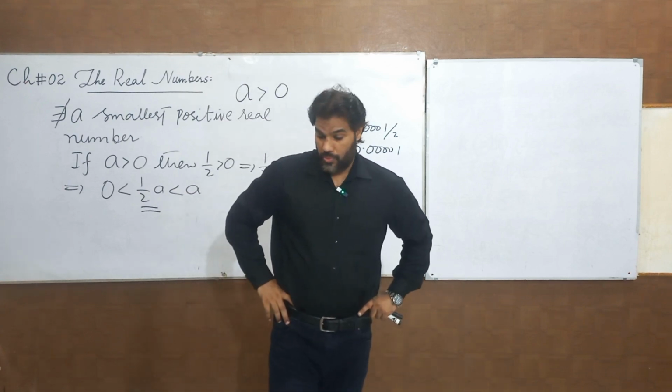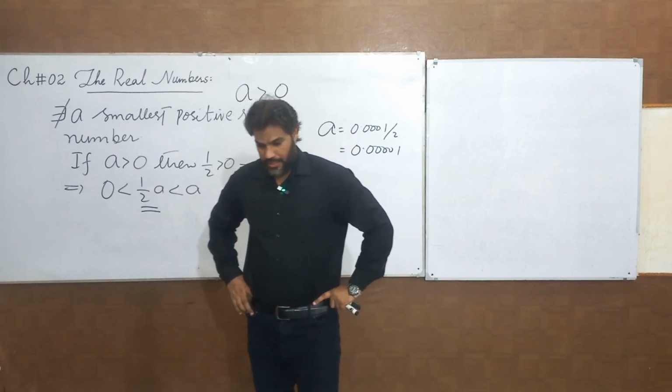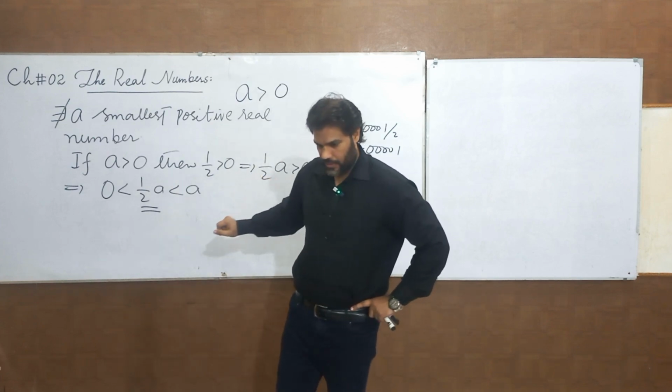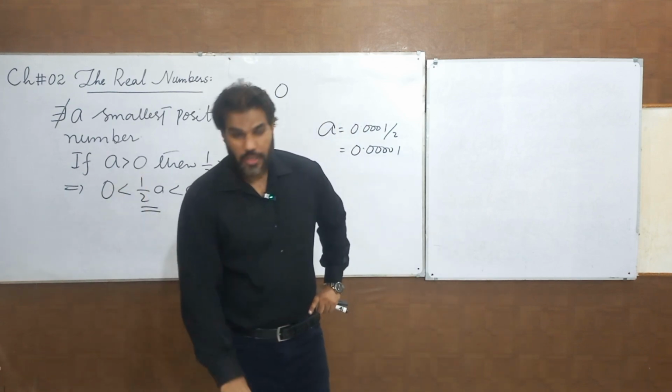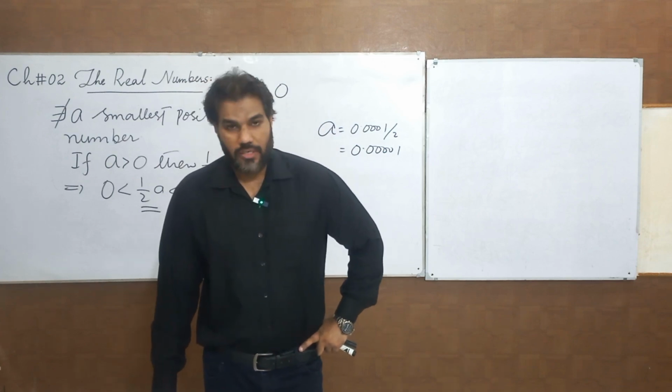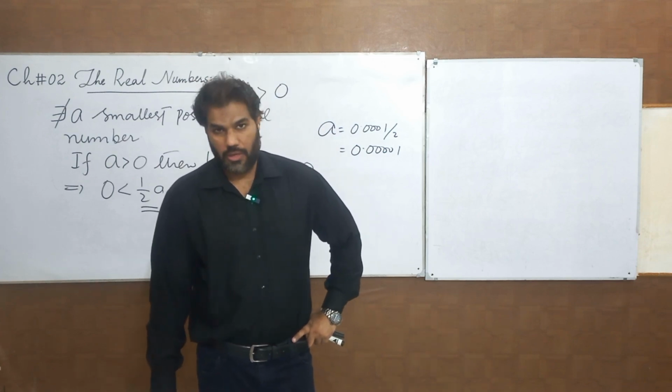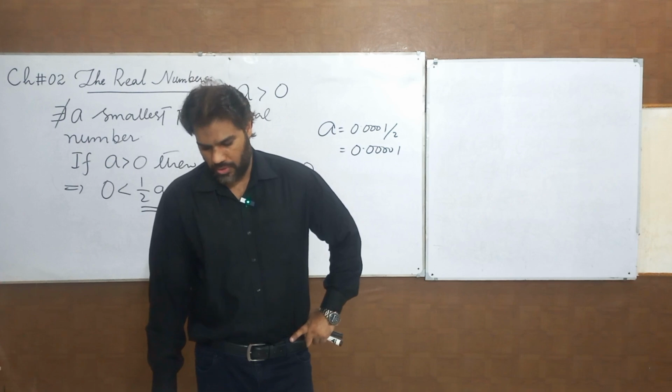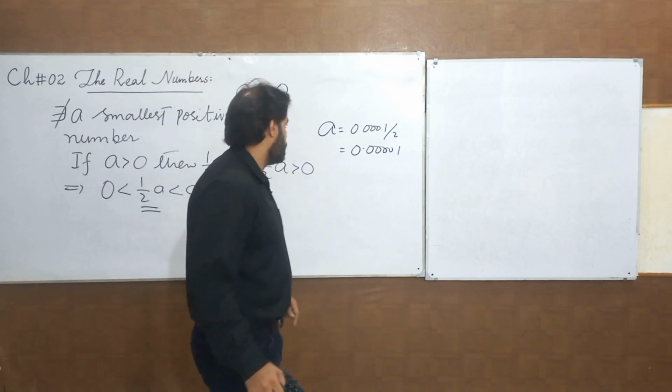Next, I am going to discuss Theorem 2.1.9, which has the same scenario as this fact. If a is any real number such that 0 is less than or equal to a and a is less than epsilon for every epsilon greater than 0, then a is equal to 0.